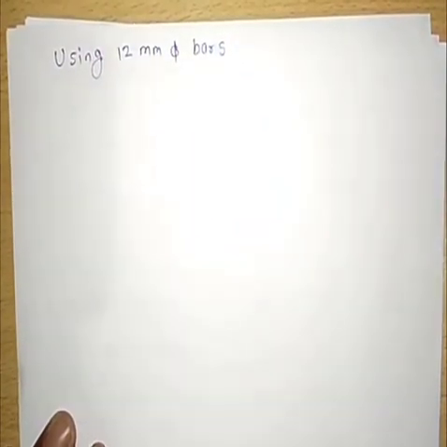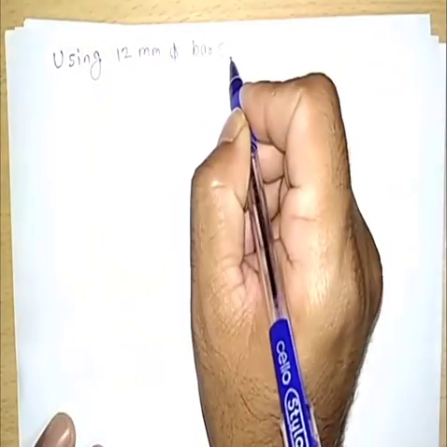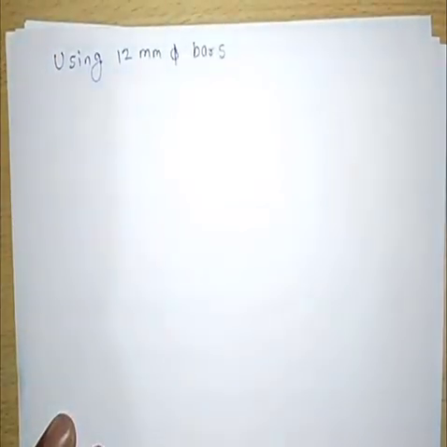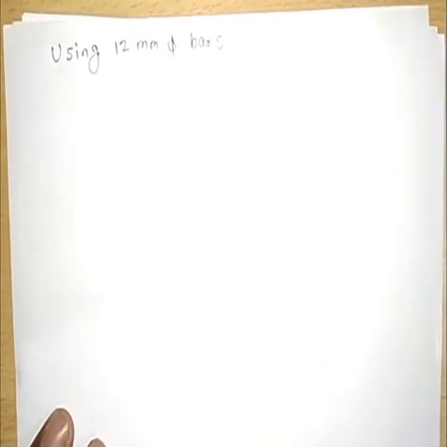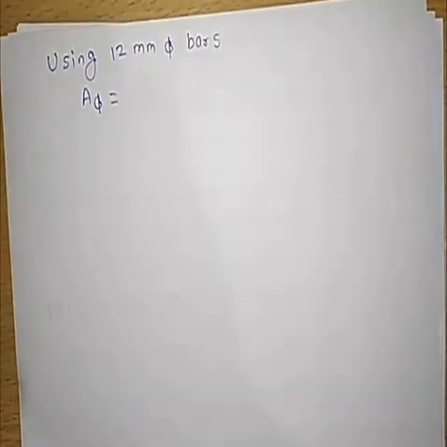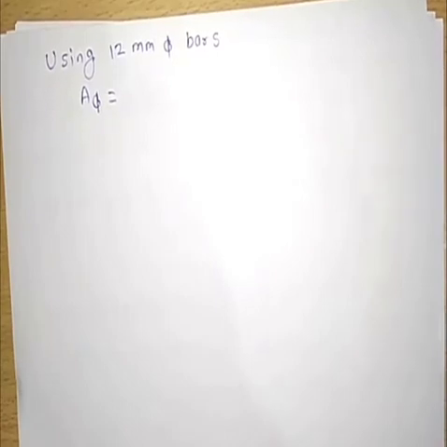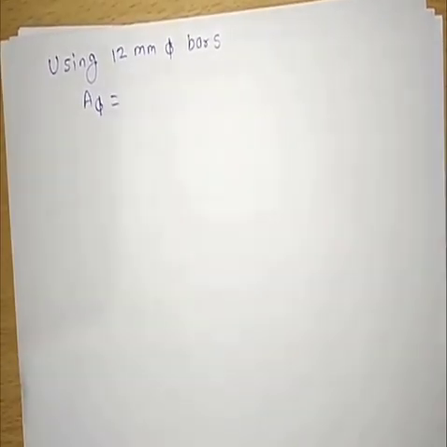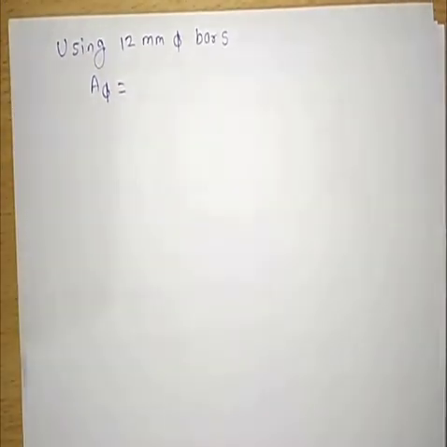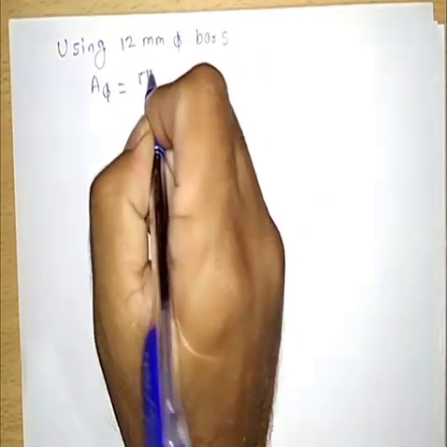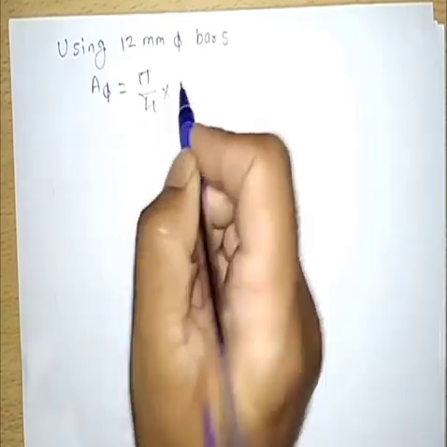So the area of one bar is pi by 4 into 12 square.